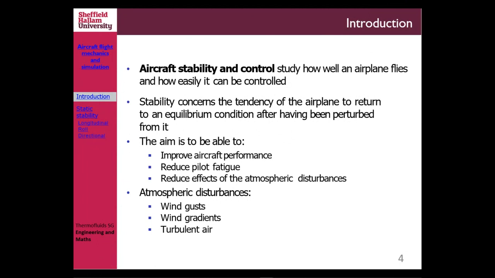So what is aircraft stability and control? Well, it is one discipline that studies how well an aircraft flies and how easily it can be controlled. Simple as that. Or in other words, how robust your aircraft is in terms of its ability to withstand any disturbances or perturbations, which could affect the aircraft's steady state condition or equilibrium condition.